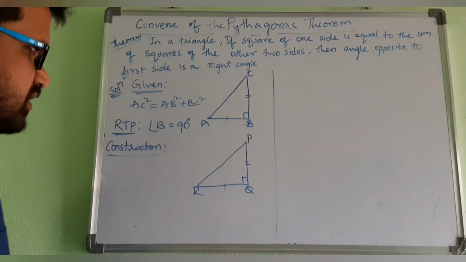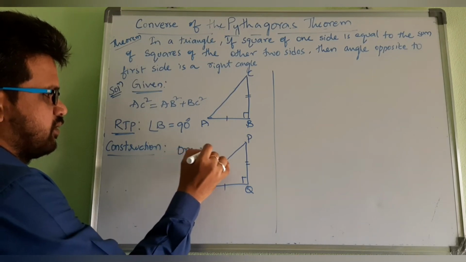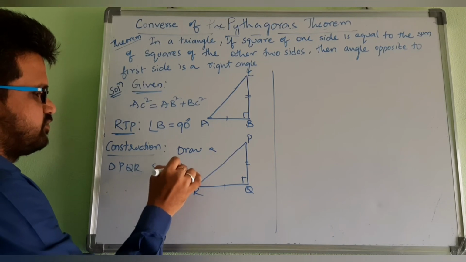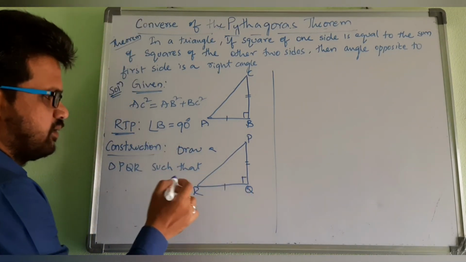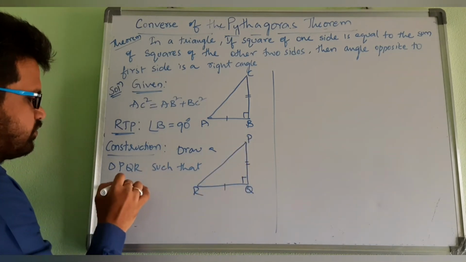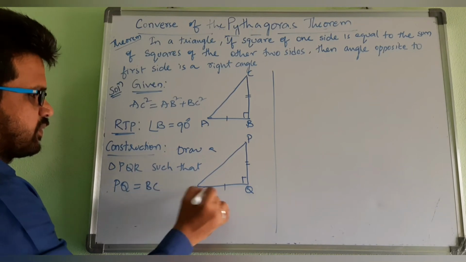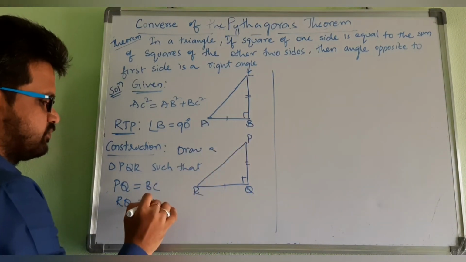Like that we have to construct. Draw a triangle PQR such that PQ is equal to BC and RQ is equal to AB.